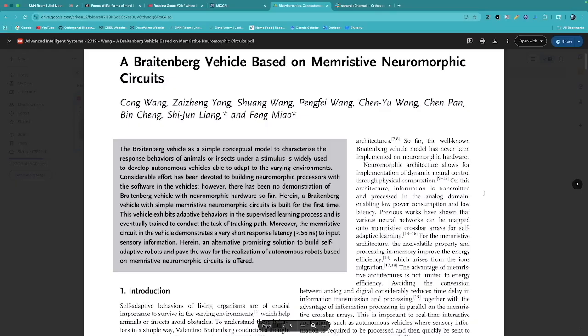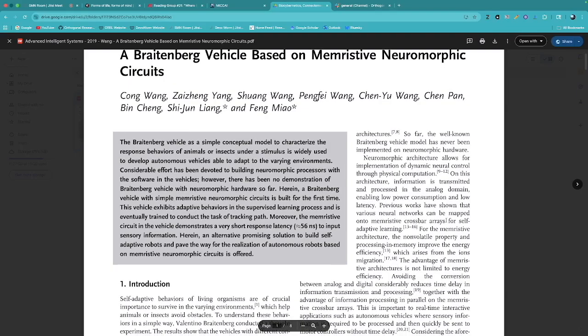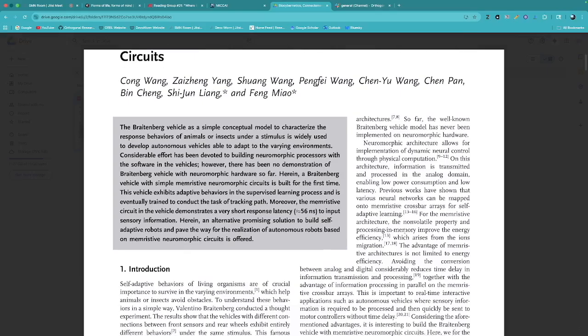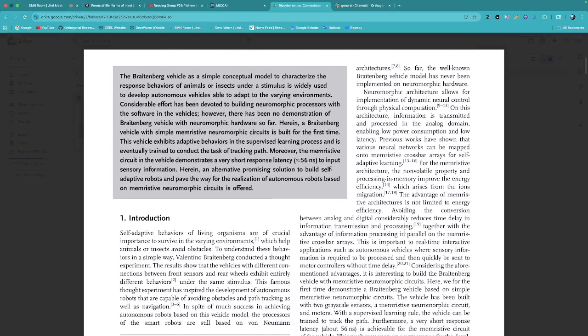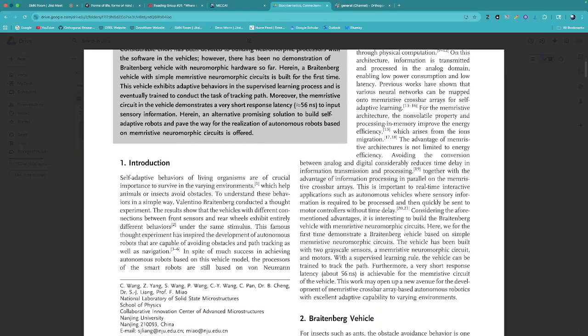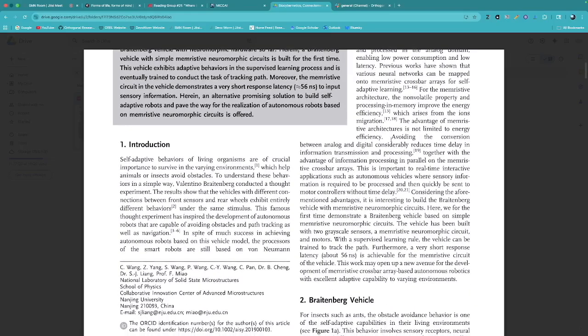Previously, works have shown that various neural networks can be mapped onto memristive crossbar arrays for self-adaptive learning. For the memristive architecture, the non-volatile property and processing in memory improve the energy efficiency, which arises from the ion migration. The advantage of memristive architectures is not limited to energy efficiency.